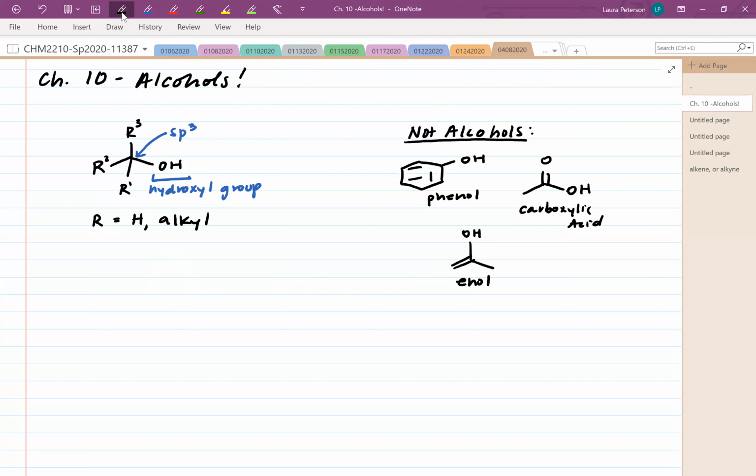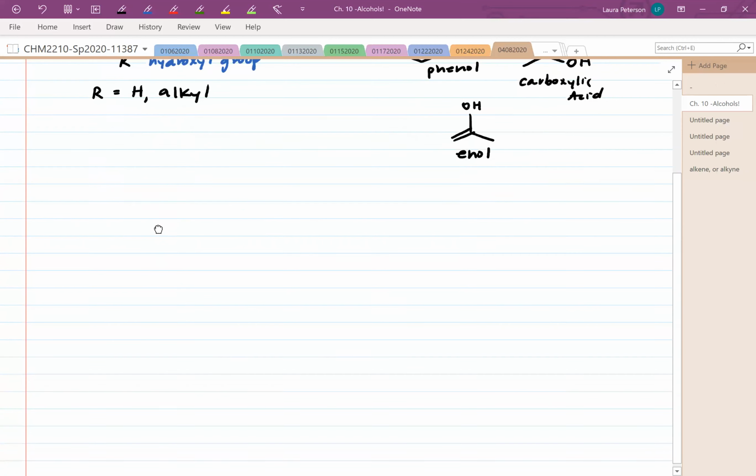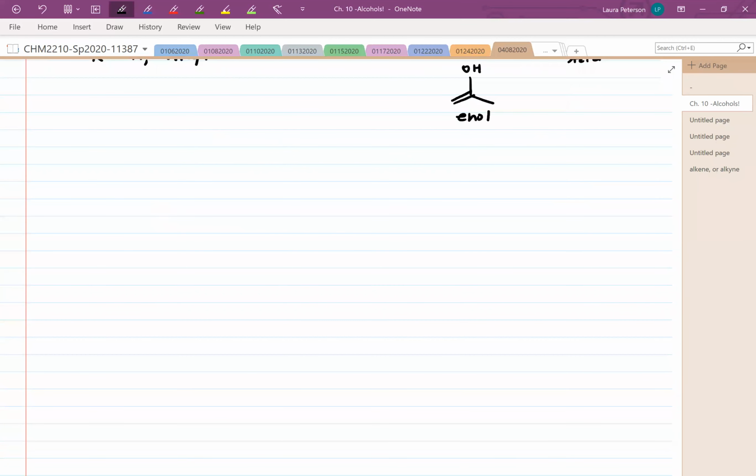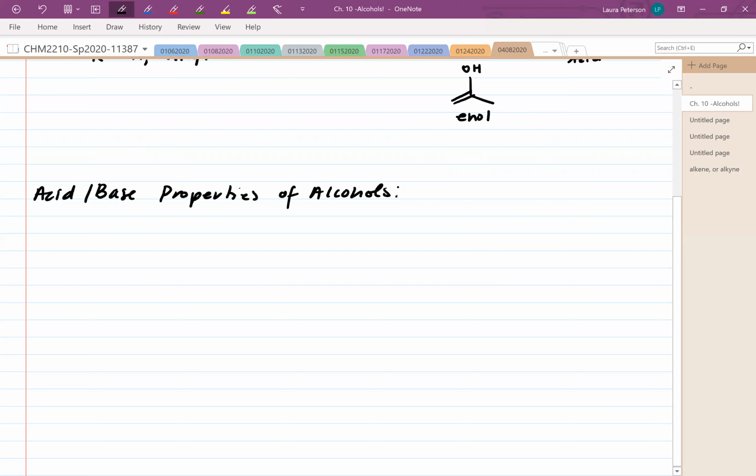Okay, so let's think about some other properties of alcohols that might be useful to know as we move forward in this chapter. The first is the acid-base properties of alcohols. What do you think about an alcohol? Is it an acid or is it a base?